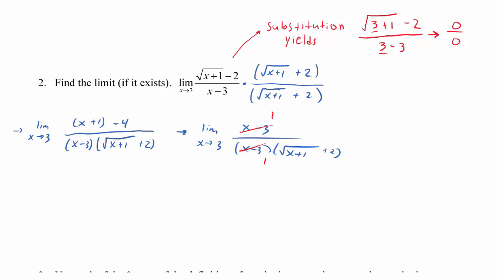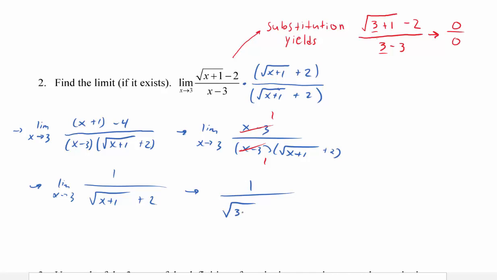We're well on our way, and now we have the limit as x approaches 3 of 1 over this radical expression. Does direct substitution apply? The answer is, wherever our rational functions and radical functions are defined, it applies. So if we apply direct substitution, now I don't have to write my limit because it's being applied. And the answer is the limit is 1/4.